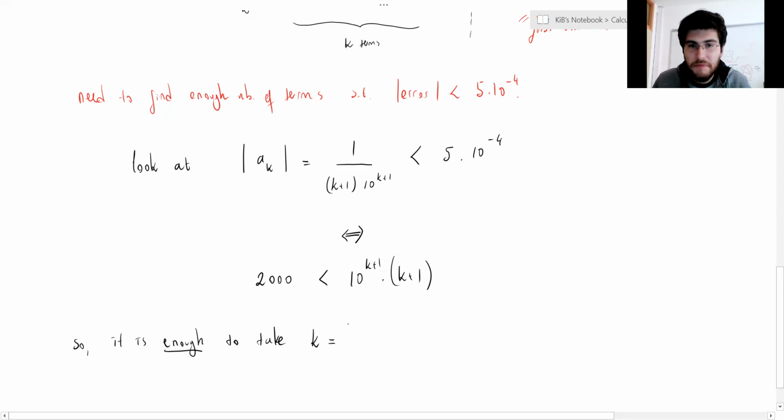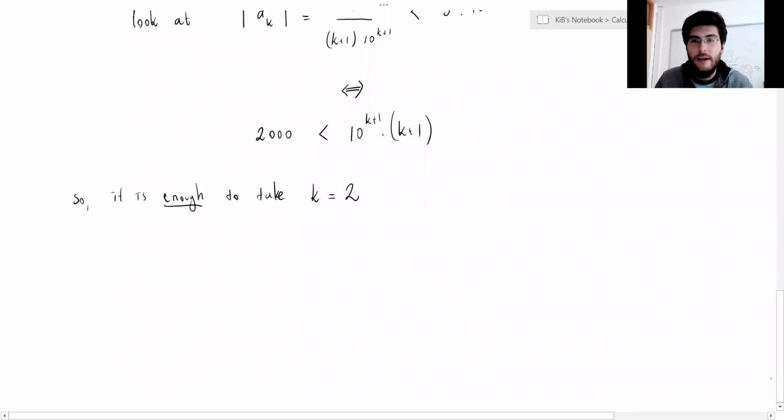It is enough to take 2 terms. If you take 2 terms, it's enough. You have this accuracy if you take only this number of terms. Or if you take more terms, of course, you are still in the range. But this is not the question. Of course, you can take 1 million terms, but it doesn't make much sense. We try to make this procedure as efficient as possible, and therefore we try to find the minimum, manageable number of terms. Therefore, it's enough to take k equals 2.